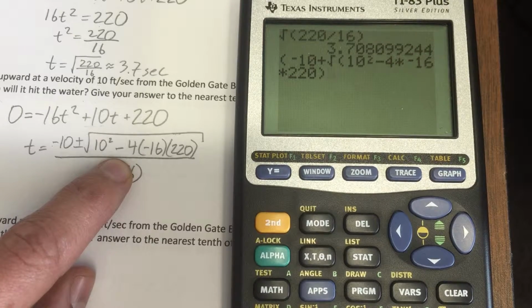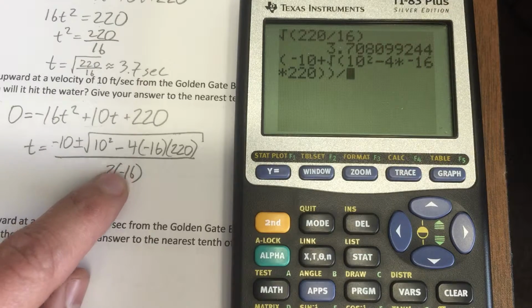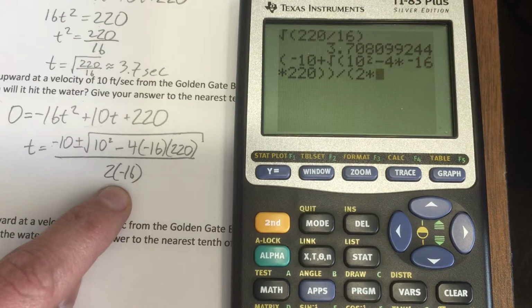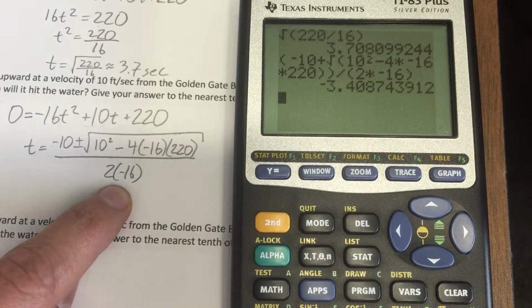That parenthesis ends my square root. That ends the numerator, divided by. Now, if I don't put in parentheses here, it won't know that I'm supposed to divide by the entire term here. So parentheses are really important, particularly indicating the numerator and denominator.